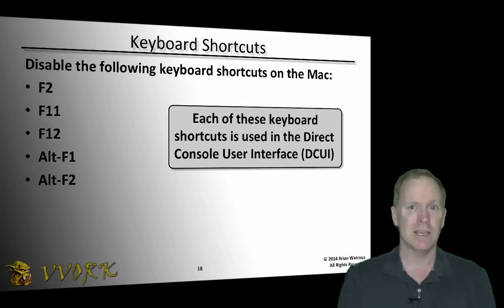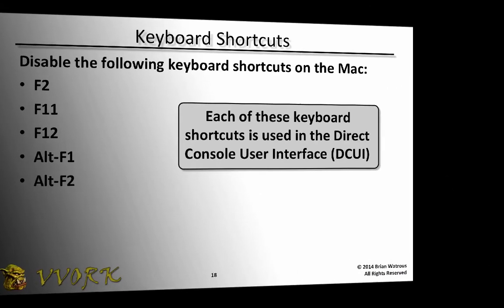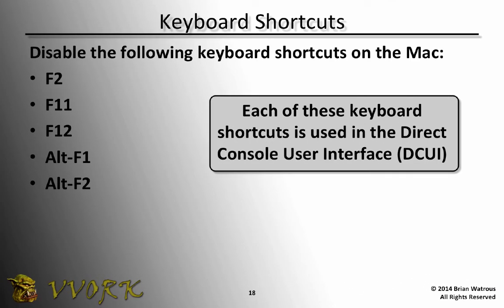Just get it out of the way. Unmap those keyboard shortcuts right from the start. Otherwise, once you start configuring the hosts, in particular when you start going into the direct console user interface, you're going to find that the DCUI uses these keyboard shortcuts. So turn them off before you get too far into the video series here. Again, Apple's system preferences is where you go to do that.